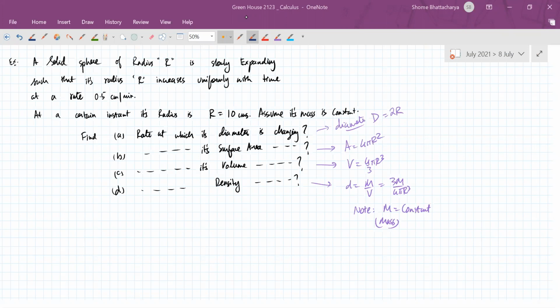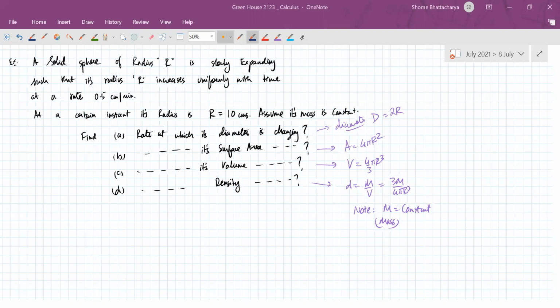Yes, very good, Aruchi. Correct. All three are correct. A, B, and C. Now work out part D also. Yes, Vedant, but the unit will be in centimeter per minute for the first part.